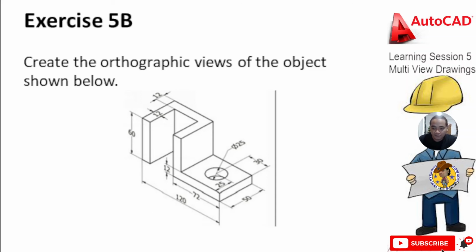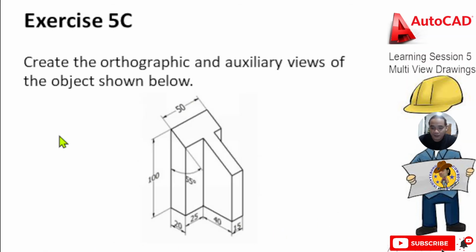Next we have create the orthographic and auxiliary view. You will create two views for this one, orthographic and auxiliary. Auxiliary is for the inclined views. This is the front view. We have the top view, so you can create two, auxiliary and orthographic.